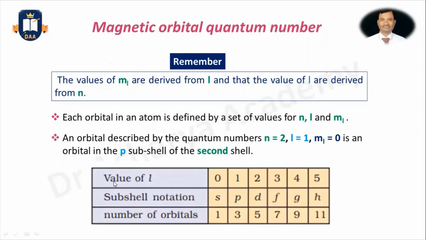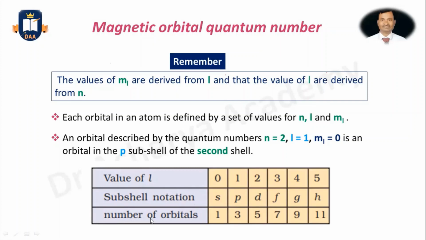If you follow the values of l, 0, 1, 2, 3, 4, 5, the subshell notation I already discussed in class number 33. For l equal to 0 it is the s subshell, when l is 1 the subshell is p, when l is equal to 2 the subshell is d, and when l is equal to 3 the subshell notation is f.